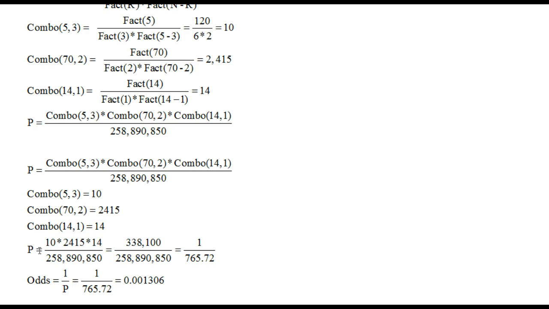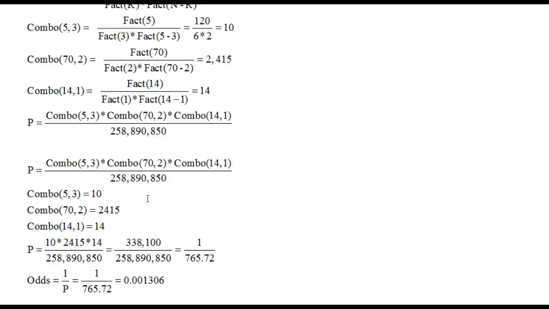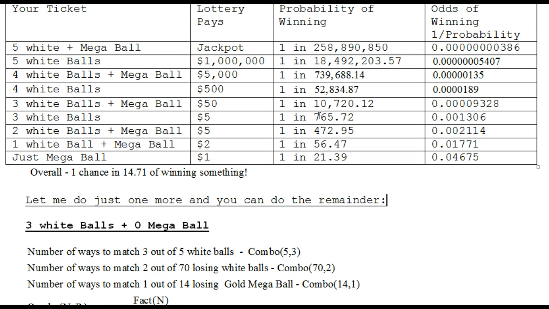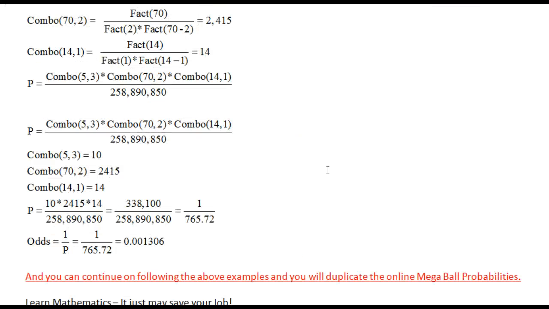So the probability of my getting 3 white balls correct and incorrectly picking the Powerball is 1 in 765.72, and the odds is 1 over that, which is 0.001306. And as you can see, that's what it says in the table right here. And the online table on Megaball says the same thing. I think they just round those off to 766, because that means, in the grand scheme of things, that little bit doesn't mean much. Okay.